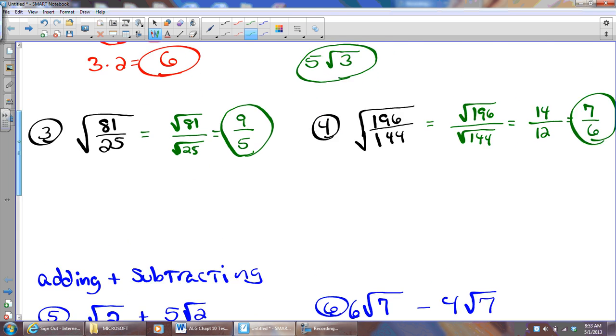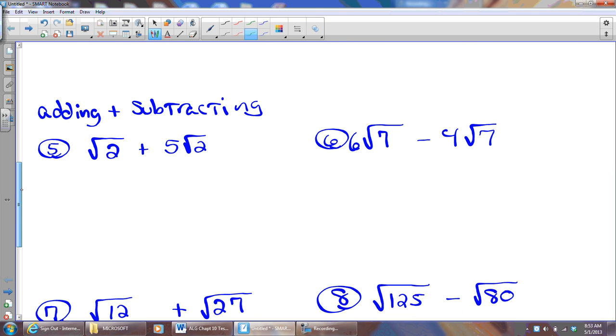Now, adding and subtracting is a little bit different. In some ways it's easier, and in some ways it's more work. Remember, in adding and subtracting, you always have to be thinking, do I have like terms? And in this case, the rads are going to be what tells you the like term.